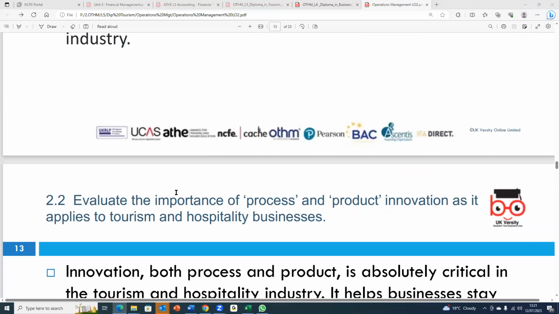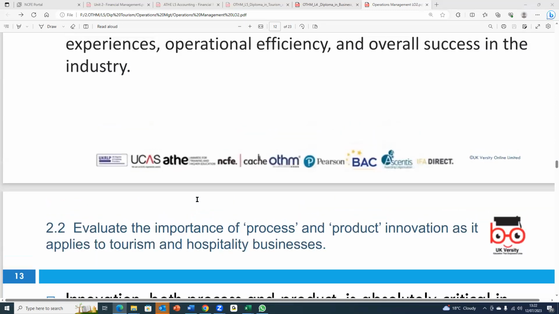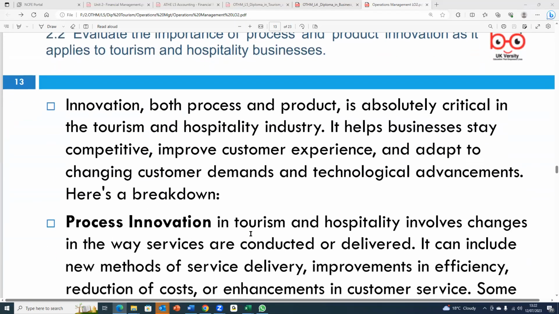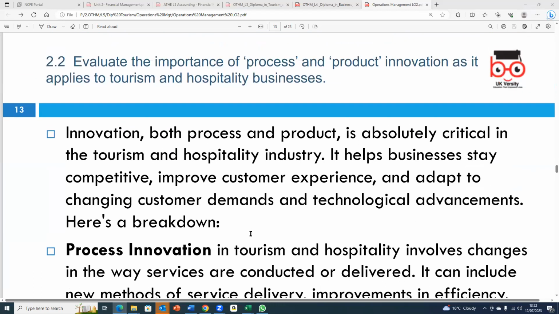Okay, 2.1 says: evaluate the importance of process and product innovation as it applies to the tourism industry. So what we're doing here is evaluating the importance of process and product innovation. Product innovation is something new.